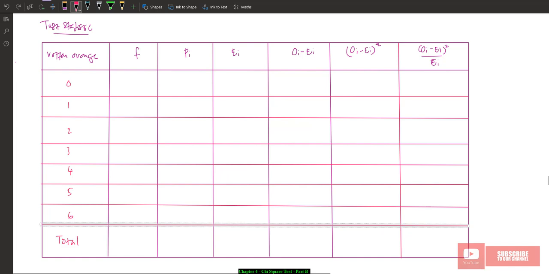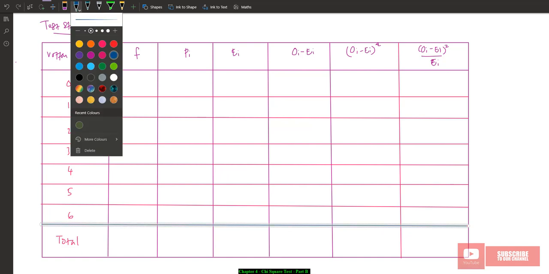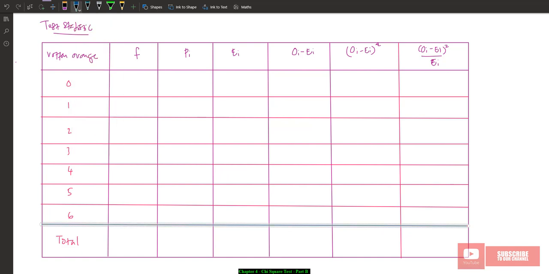Right, so we just need to input our frequency values. The first value of frequency, 0 rotten, is 334. This is 369, 191, 63, and this is 22, 12, and 9. The total should be equal to 1000.